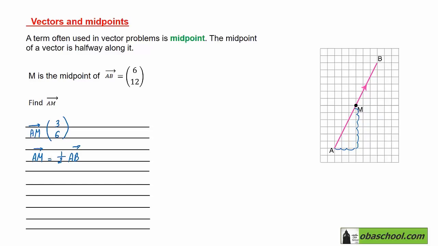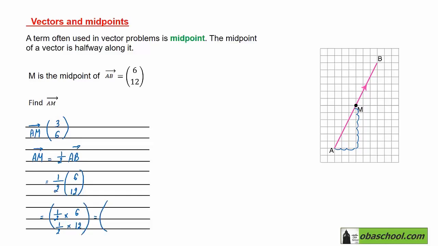Of course, half is our scalar in such case, and we are multiplying it by half because M is the midpoint. So half times the components, 6 and 12, and then we multiply each component by half, so half times 6 and half times 12.